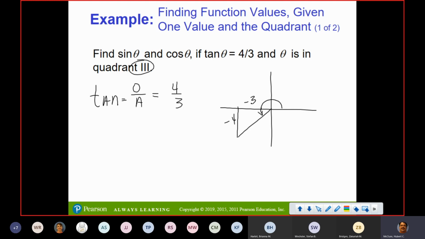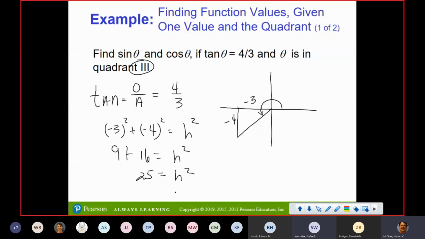So now we can take our handy-dandy Pythagorean theorem, and we can say -3 squared plus -4 squared is equal to, call it h squared. And that's 9 plus 16 is equal to h squared. 25 is equal to h squared. Did I do that right? And the square root of 25 is 5.